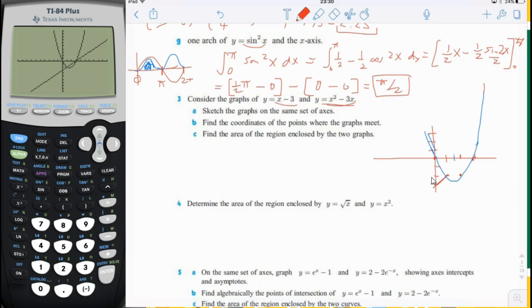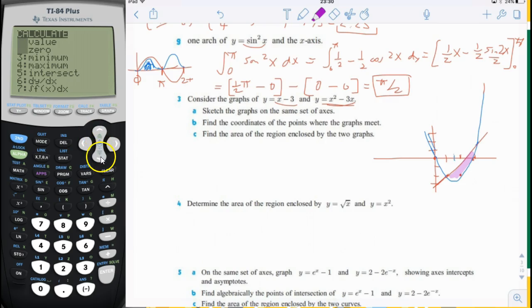So actually, it goes kind of like that. Then I can find my two intersection points using second calc intersect and first curve, second curve. I say yes to both of those because we already know there are only two curves in here. Then it says guess, so we'll just guess that one. So one of the points is 1 comma negative 2. That's that one there.